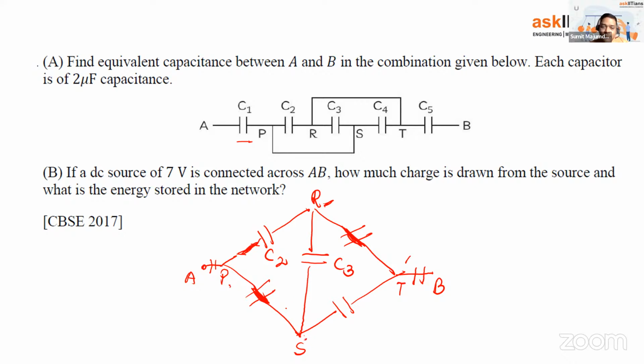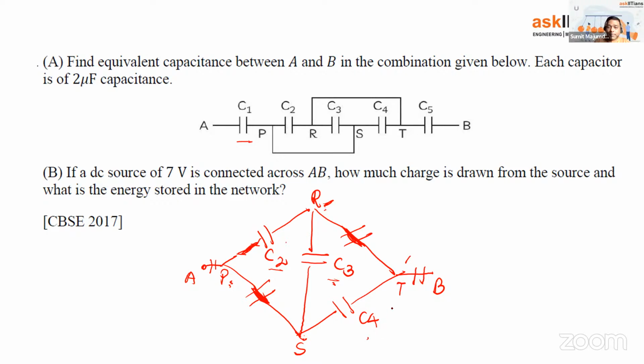So effectively, this point and this point are same. Therefore, the starting point of C2, C3, and C4, all of them are same. Similarly, the ending point R, which is the same for C2 and C3, is also the same as C4.